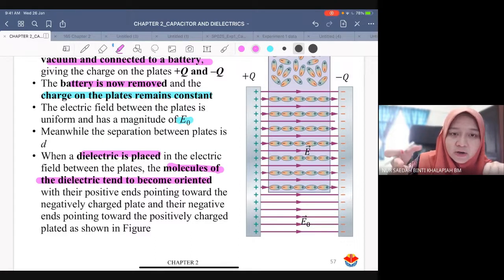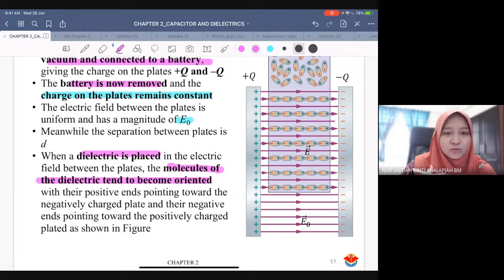Bezanya adalah conductor ada free electron. Dekat insulator bukan tak ada molecules. Semua objects memang ada molecules, and you learn from chemistry that our molecules has polar positive and polar negative. Okay. So apa yang berlaku adalah molecules dalam insulator akan susun diri dia.